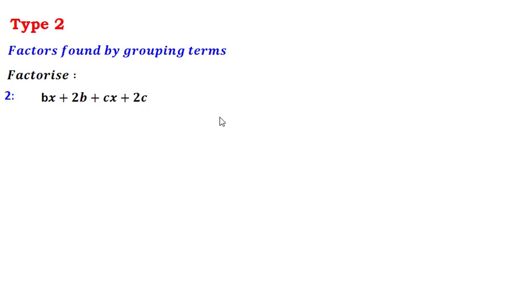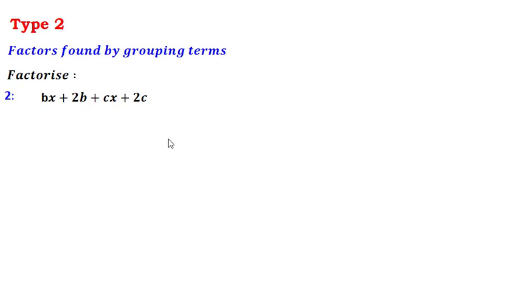Now let us see the second question. bx + 2b + cx + 2c. Now if you see carefully, b is common between bx and 2b. Similarly, c is common here.